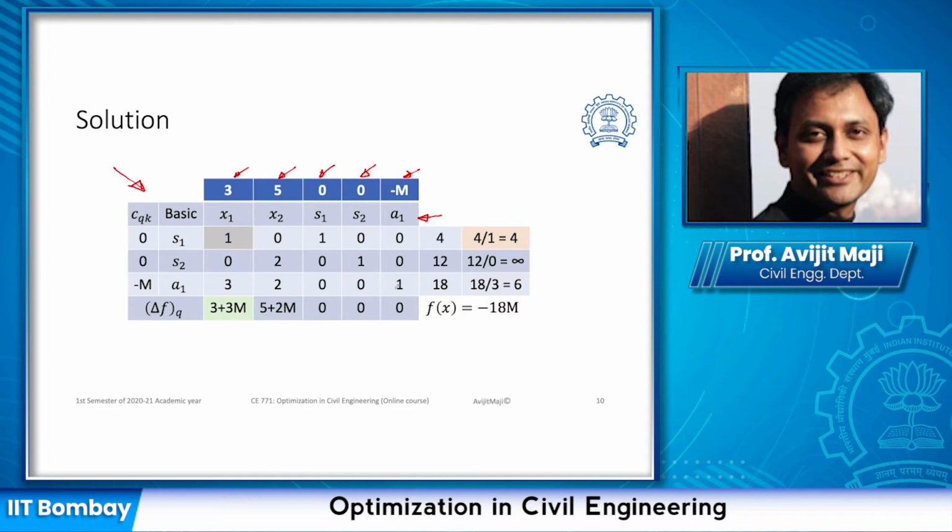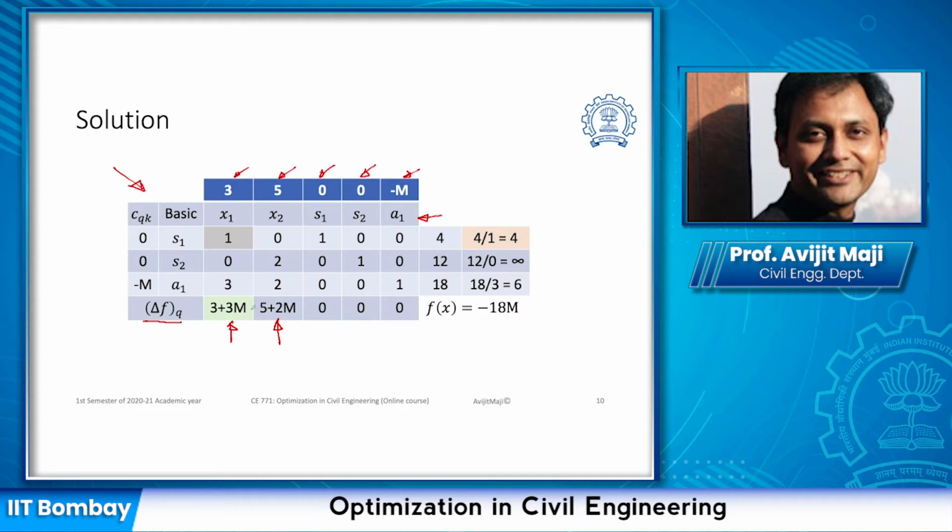and then we represent all the cells of the tableau, and once we do that, we find out the non-basic variable which is going to bring in maximum change to the objective function. So for that reason we calculated the del fq, and once we calculated the del fq, we get the non-basic variable x1 value as this and x2 value as this.